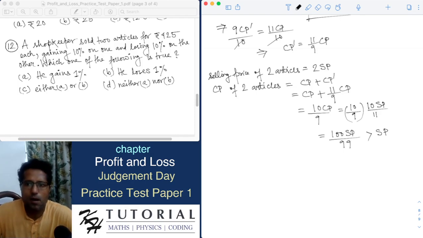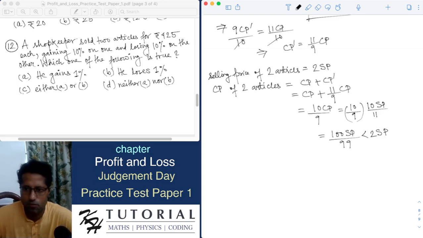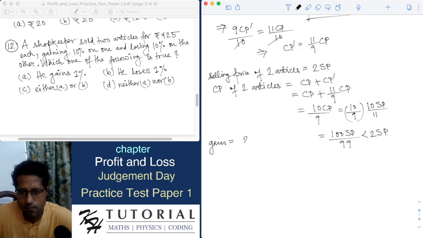Now the selling price 2SP is greater than 100 SP by 99. So the selling price is more, and therefore there was a gain. The gain is equal to 2SP minus 100 SP by 99.